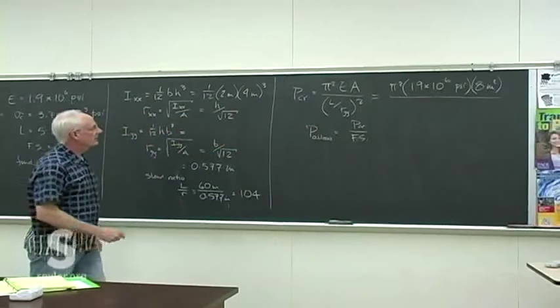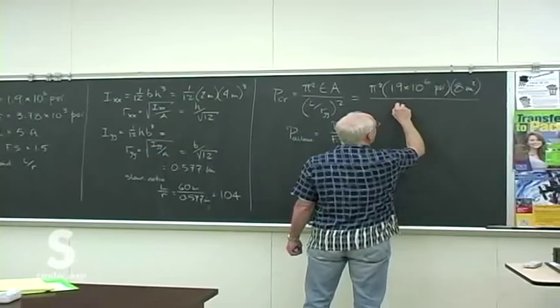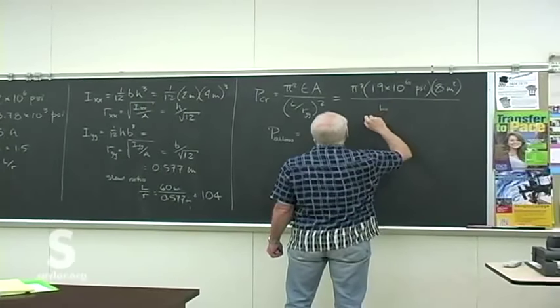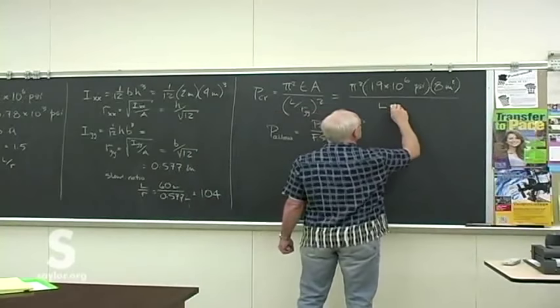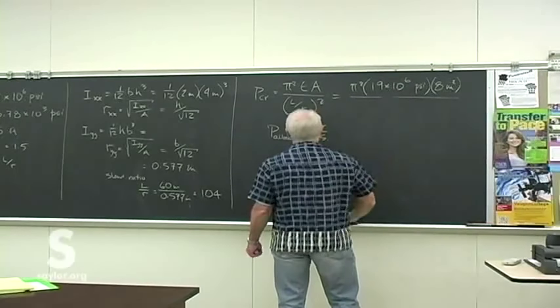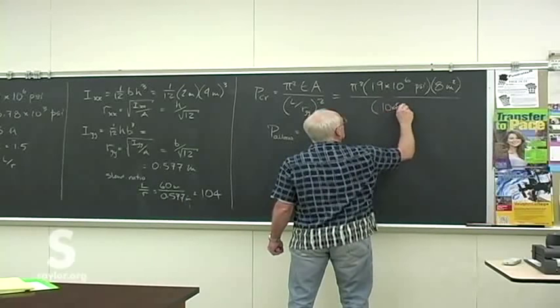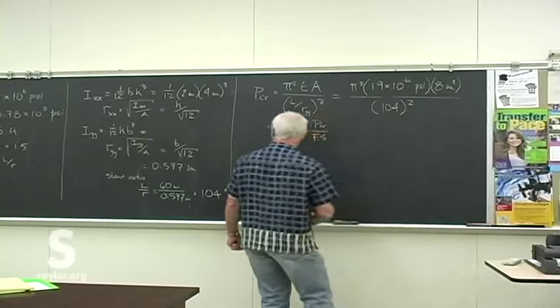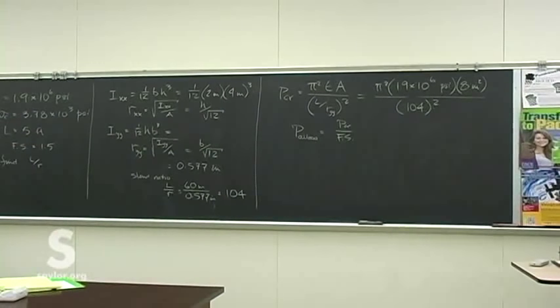So far we have units up there of, oh yeah, and this is unitless, so that'll give us units of pounds. So the slenderness ratio is 104, unitless, and that's squared. Get 100 times 11 kip for that?